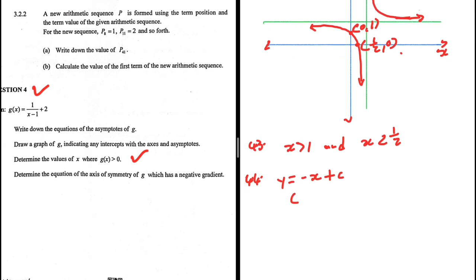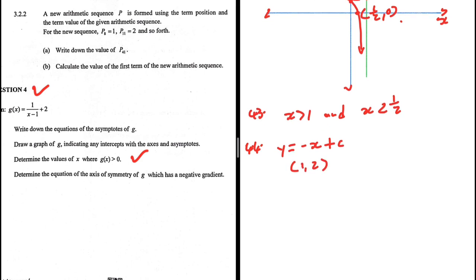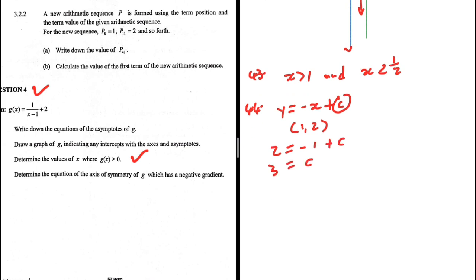Our asymptotes, x is equal to 1 and y is equal to 2. This is the point we need to substitute in order to find this c on the axis of symmetry. When we do that, 2 is equal to minus 1 plus c. So 3 is equal to c. y is equal to minus x plus 3.